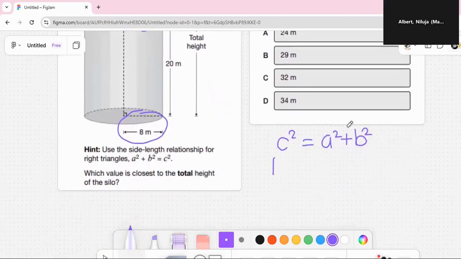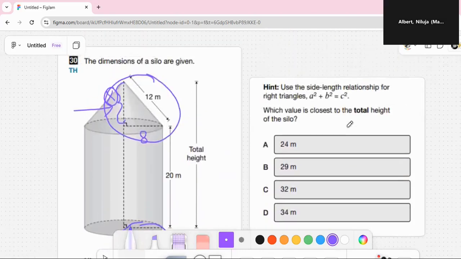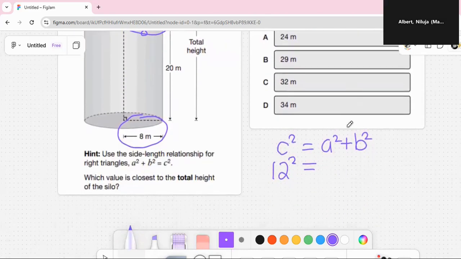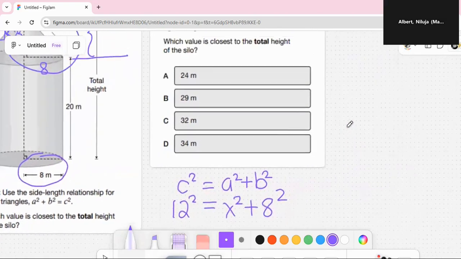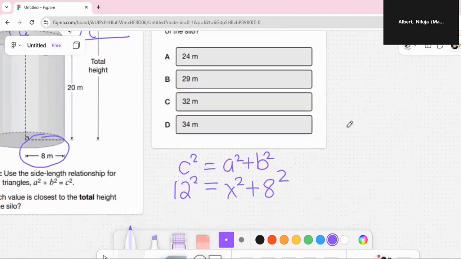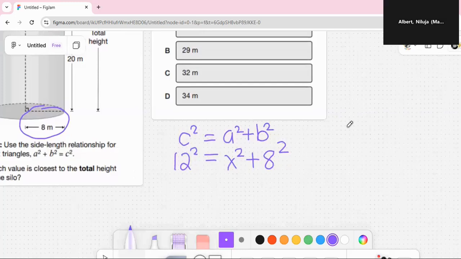So I have to substitute 12 squared to find the height of this portion, the part from 20 to the top of the silo. I have to solve for x. So I have x squared plus the other side length that I know, plus 8 squared, is going to complete my Pythagorean relationship, the side length relationship for right angle triangles.